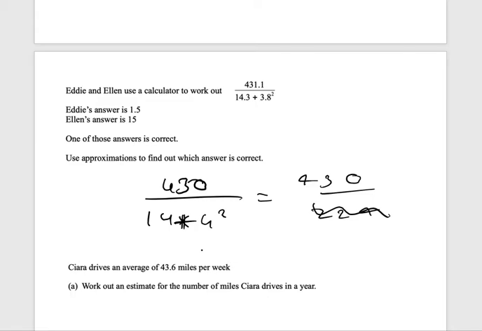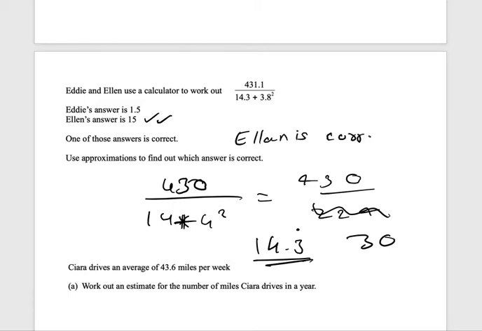So 14 add 4 squared, so 14 add 16 is going to give you an answer of 30, and then 430 divided by 30 is going to give you an answer of around 14.3 recurring. Now this answer is closer to Ellen's answer, so you know that our answer is going to be Ellen. Ellen is going to be correct. So Ellen is correct.